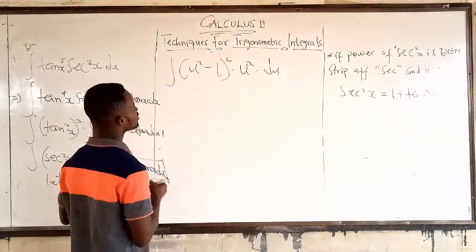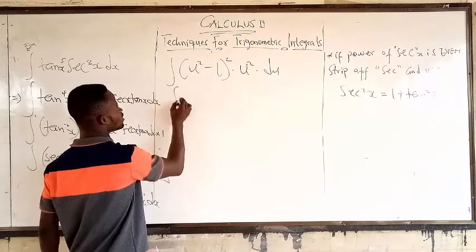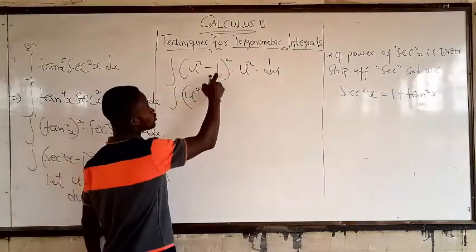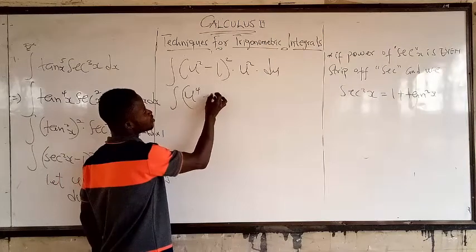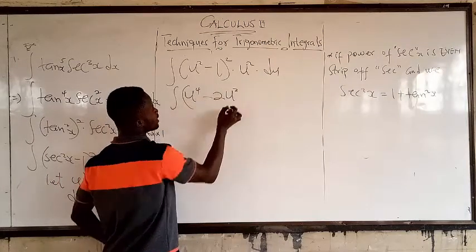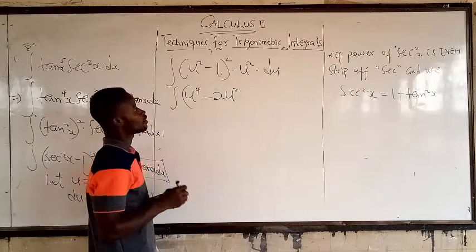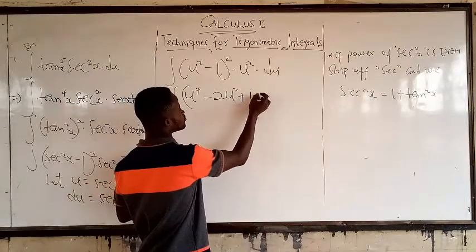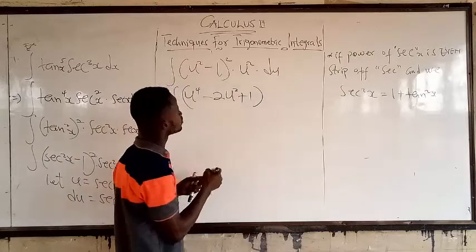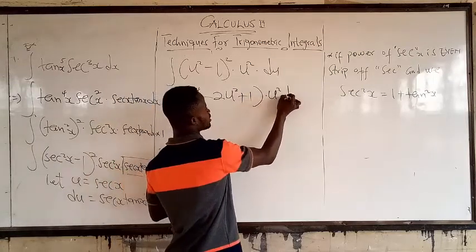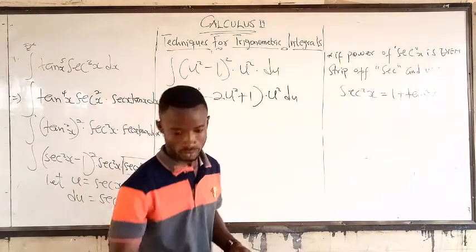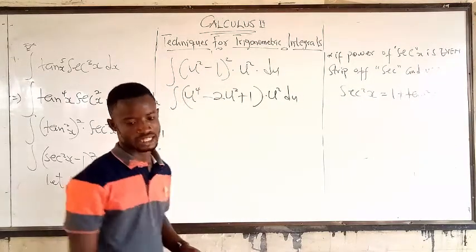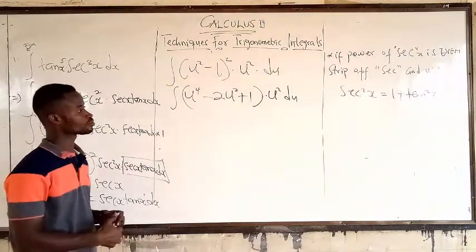So here, when you do this, you get u raised to the power 4 minus 2u squared. Then you square the 1, you get plus 1, multiplying u squared du. Exactly. So that is what we have.